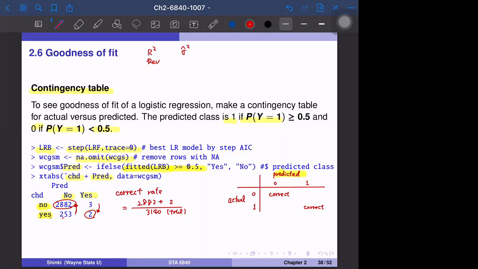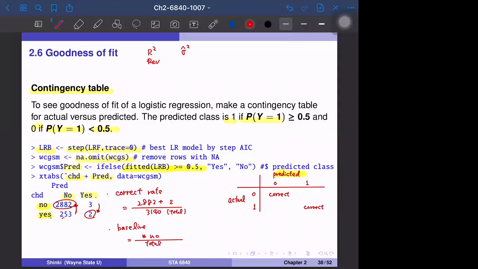But this 92% or 93% looks good, but actually it's not that good, because the baseline of the correct rate is just, in this case, the number of no over total.